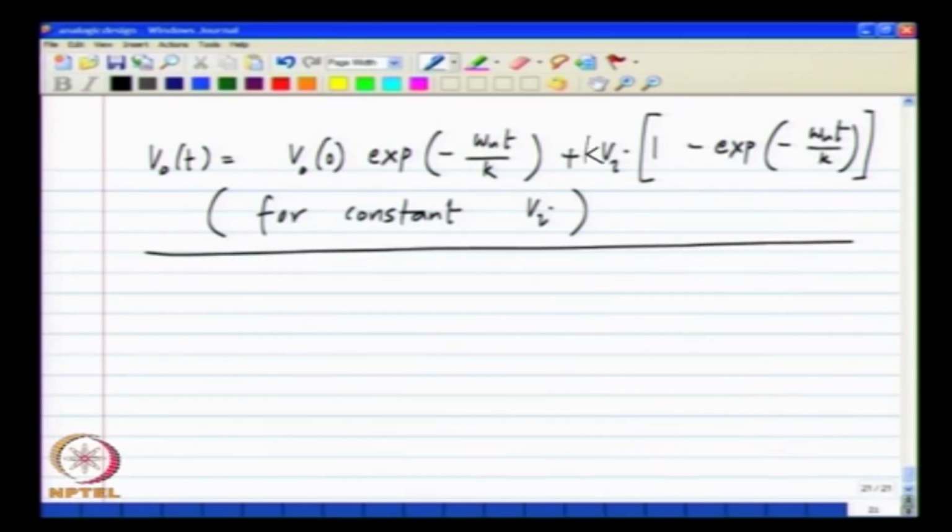In this expression you see that the time constant depends on omega u as well as k. The time constant is what decides how fast the steady state is reached, and that depends on the speed of integration omega u as well as the gain that you are trying to realize. So, let us quickly look at why this is so.